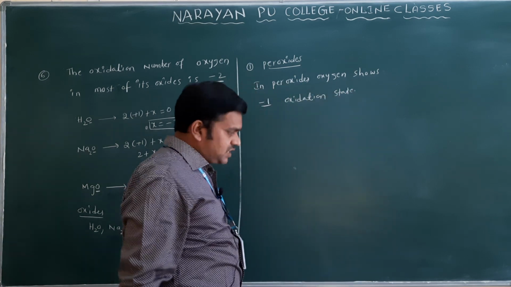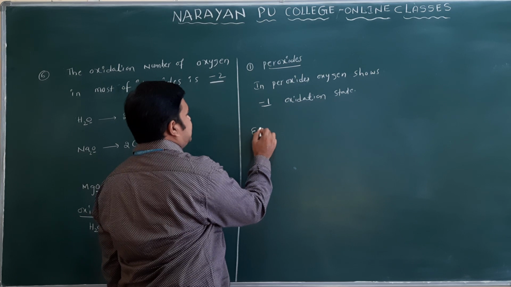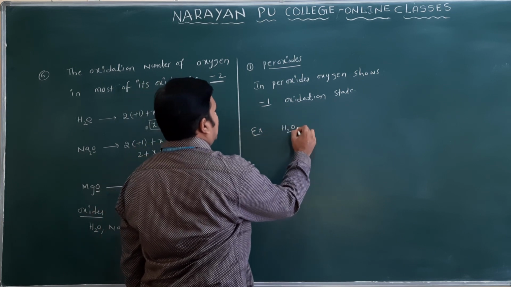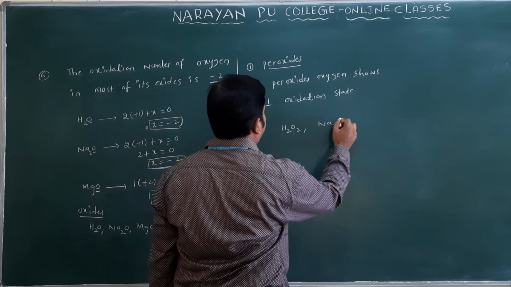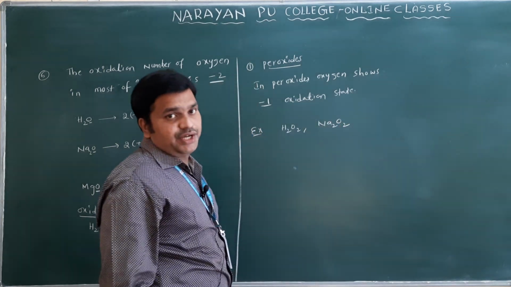What are the examples for peroxides? If we take H2O2, and sodium peroxide Na2O2, we can take these.